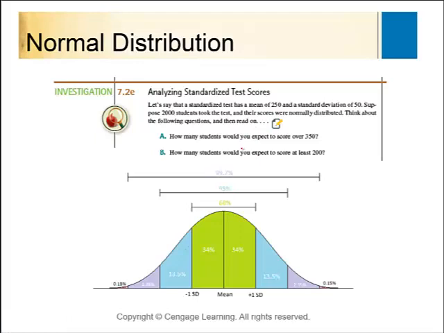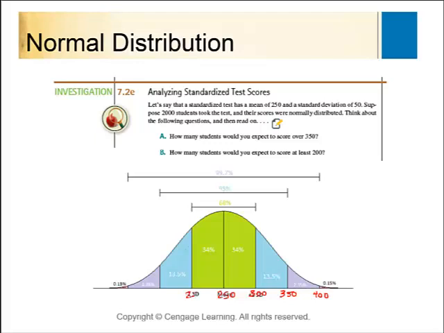If I have a mean of 250, so let me just overwrite this with a 250, and my standard deviation is 50, that means this number would be 300, this would be 350, and this would be 400.